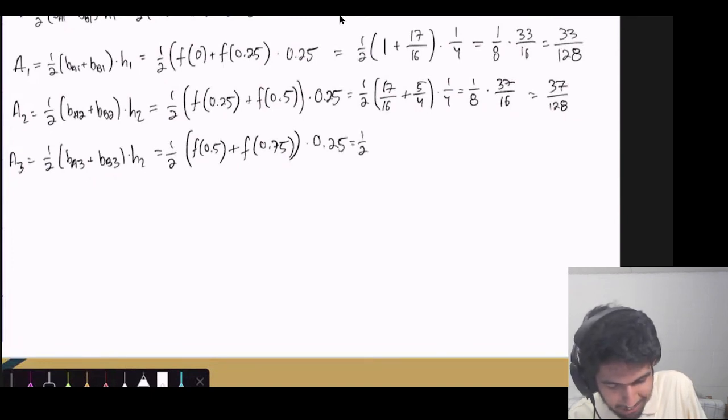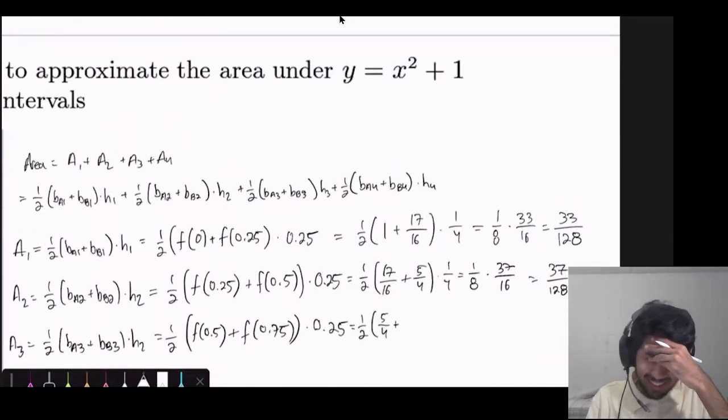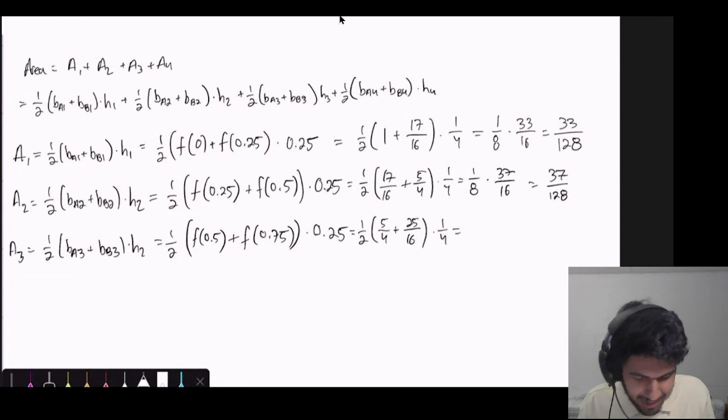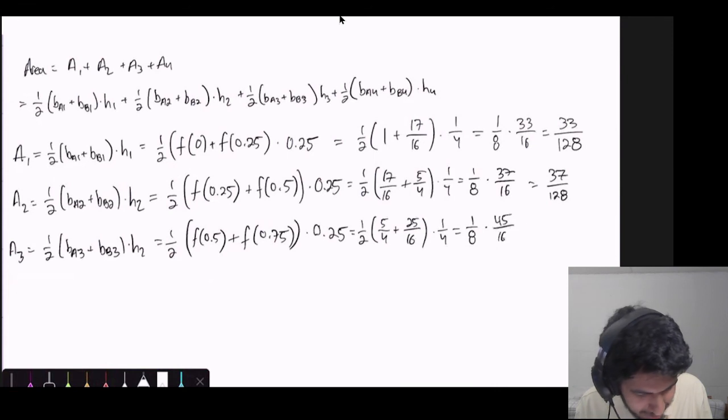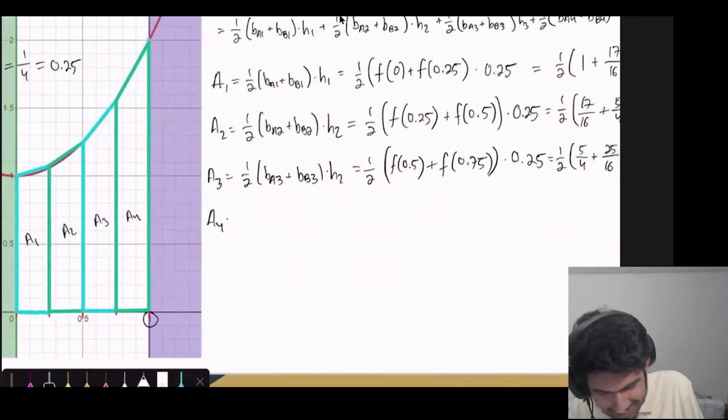So this is 1/2 times 5/4 plus f of 0.75, which is 25 over 16, and multiply that by 1/4. This is going to be equal to 1/8 times 45 over 16. So 45 over 128.